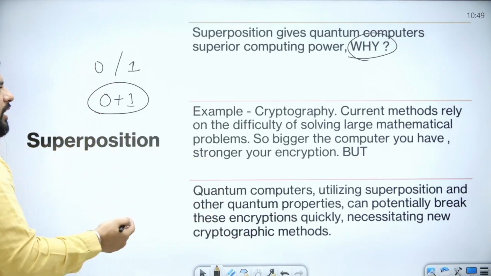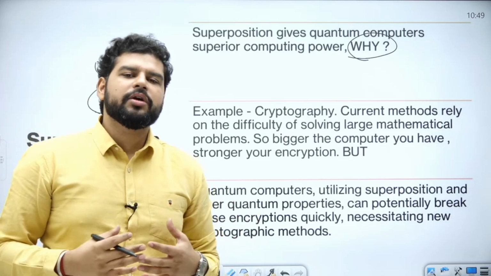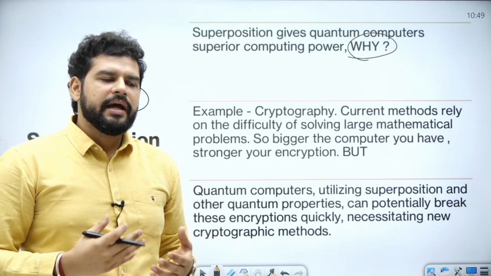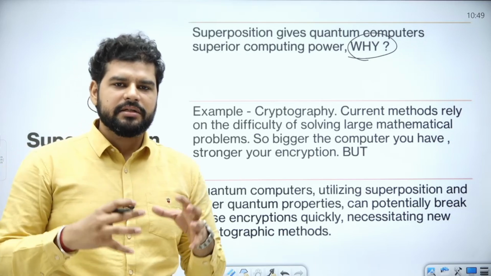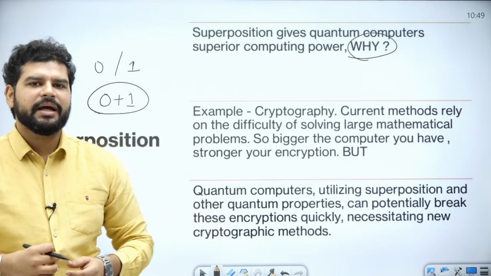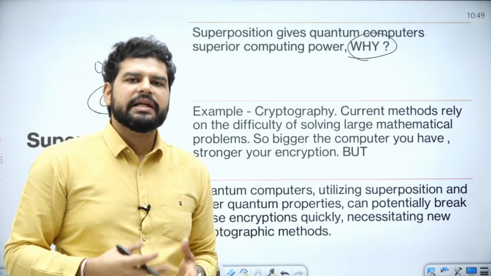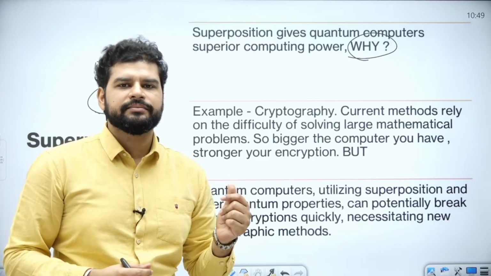For example, cryptography. Right now, cryptography means hiding your messages. Cryptography right now is relying on mathematics. The harder the encryption, that is, if you want to hide your data better, you need to use more mathematics. And supercomputers can crack it, but quantum computing can crack it like this.